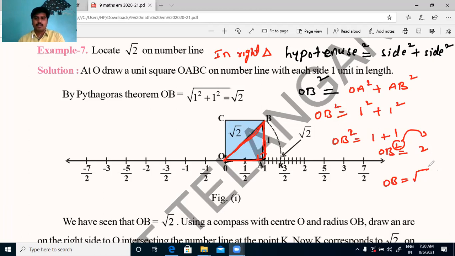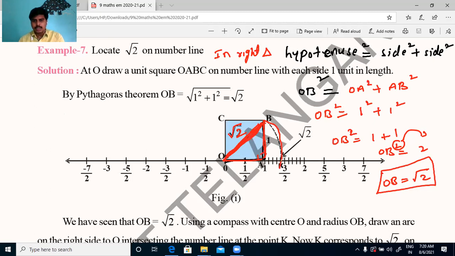Okay? Yeah. Now we got OB as root 2, right? We got here OB as root 2. Now take a compass, Nana. Take a compass and measure this length by using that compass. And draw an arc of root 2 length on the number line.